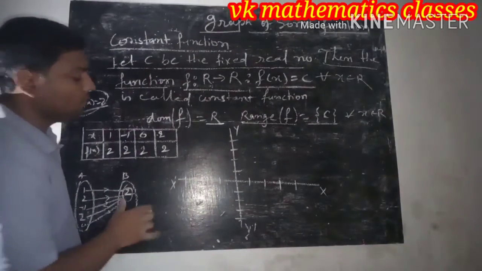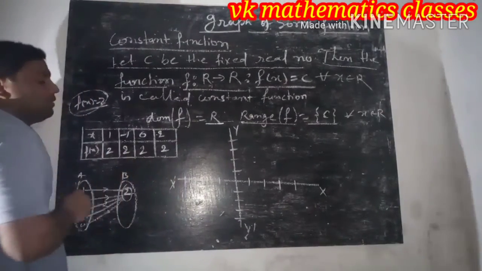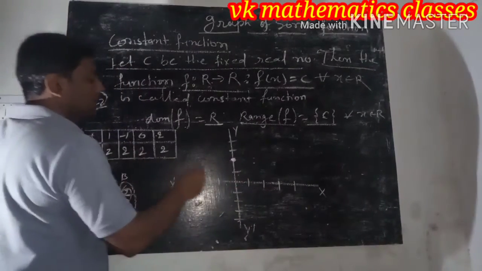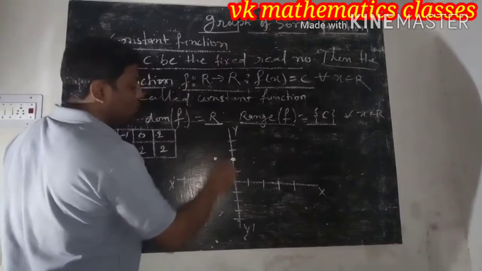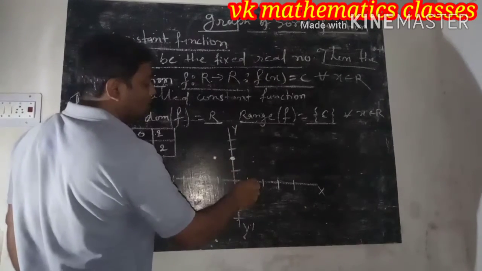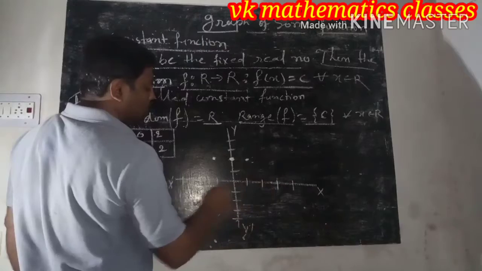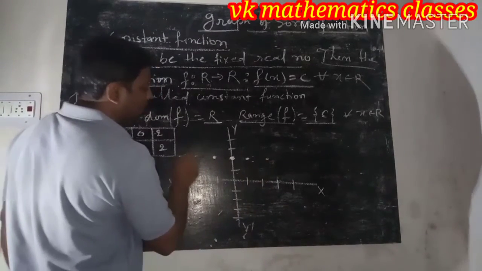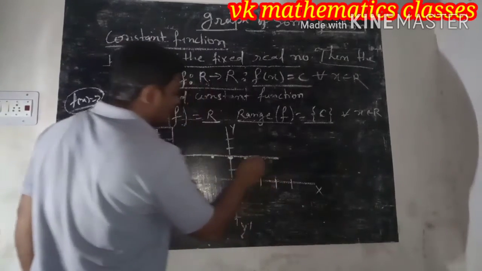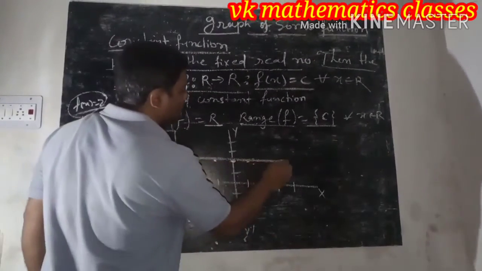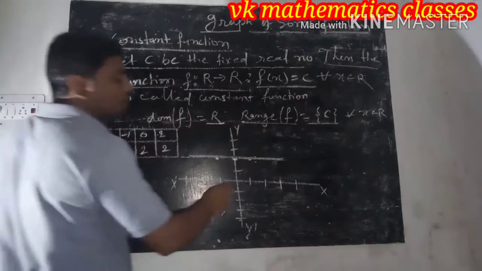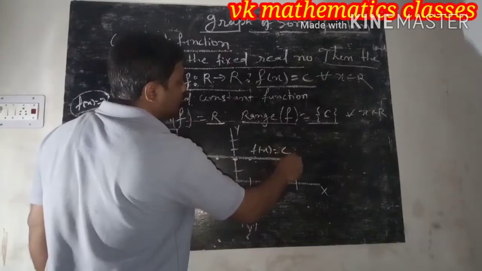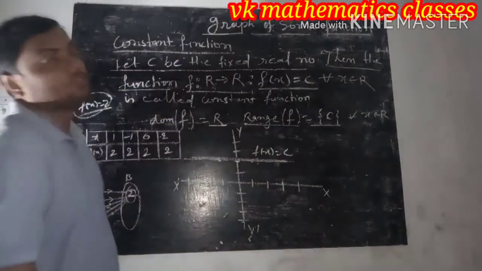So we draw the graph of this function: 1 and 2, 0 and 2, minus 1 and 2, and so on. Taking these points, we find that this is a straight line which is parallel to the x-axis. So this function f(x) is equal to c. This is the graph of the constant function.